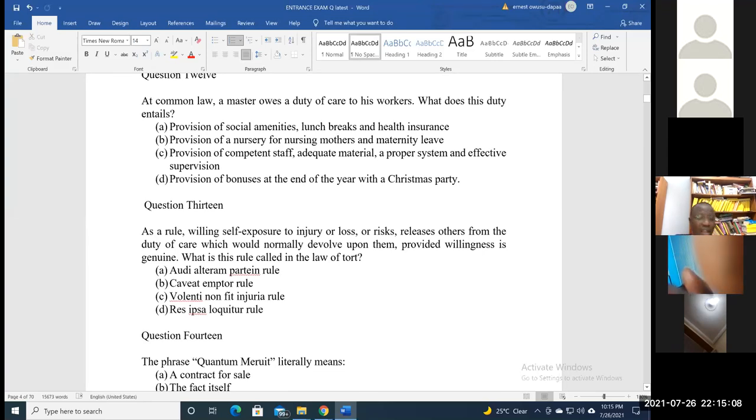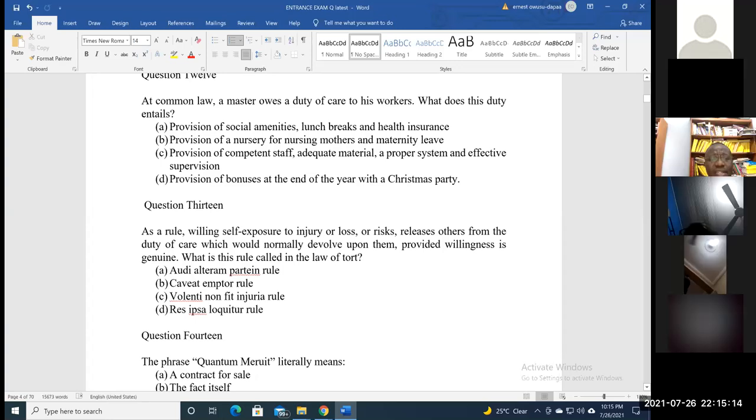So quickly, question 12. At common law, a master owes a duty of care to his workers. What does this duty entail? A, provision of social amenity, land-based and health insurance. B, provision of a nursery for nursing mothers and maternity leave.